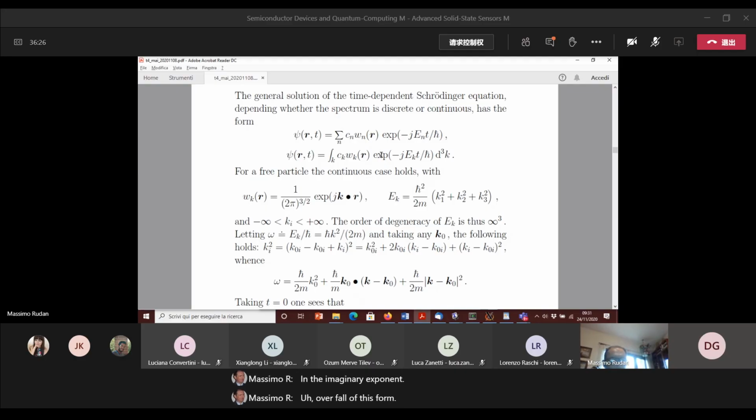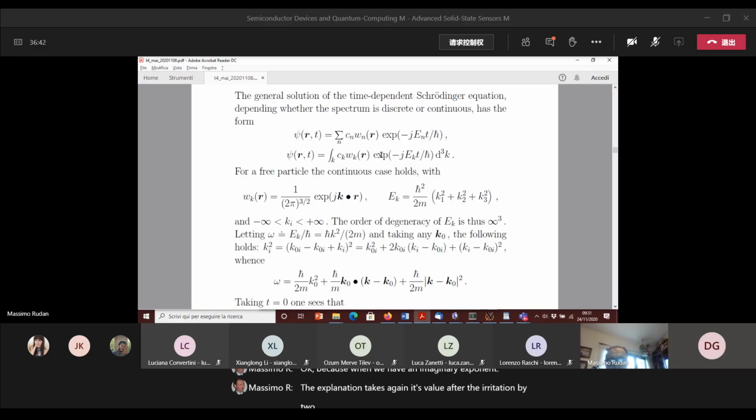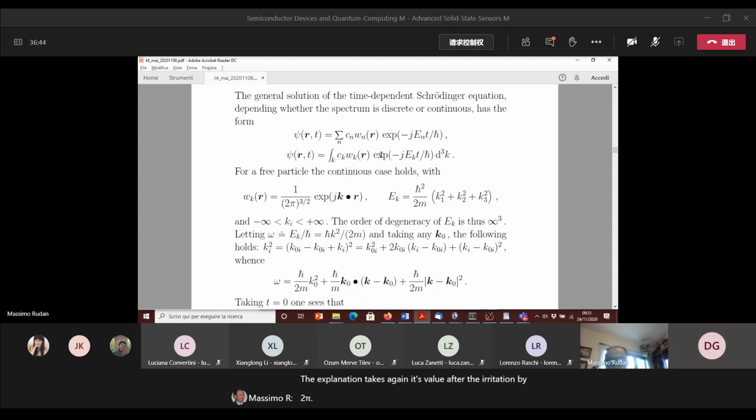Obviously, the maximum elongation of this exponent is 2 pi, okay? Because when we have an imaginary exponent, the exponential takes again its value after a rotation by 2 pi of the exponent itself. So the approximation is valid if the term that we neglect is small with respect to 2 pi.